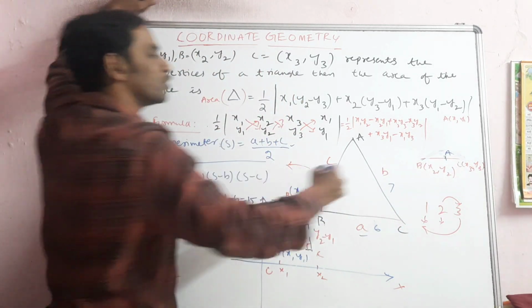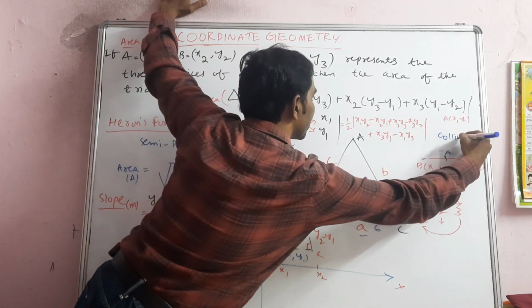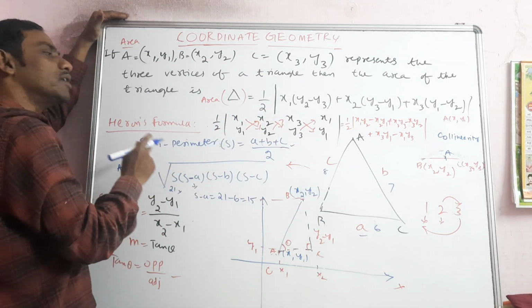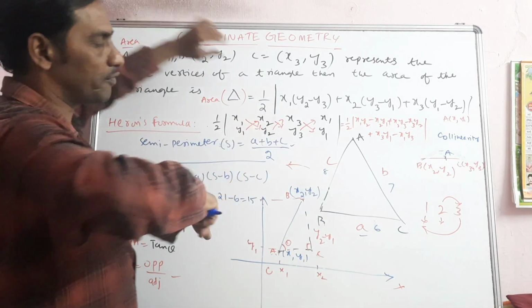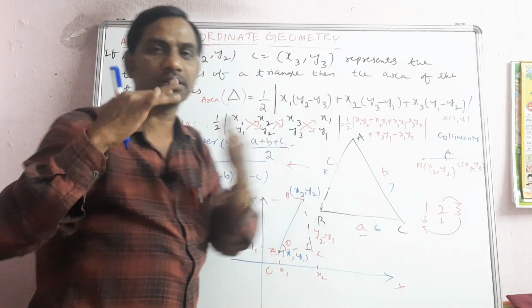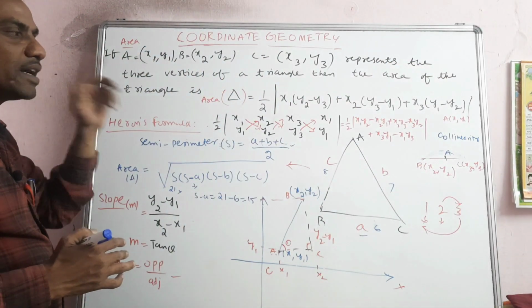So whenever you want to prove collinearity, you have to prove that the area of the triangle formed by the vertices is equal to 0. Why? Because if A comes down and stays on the line, you can call it collinearity.